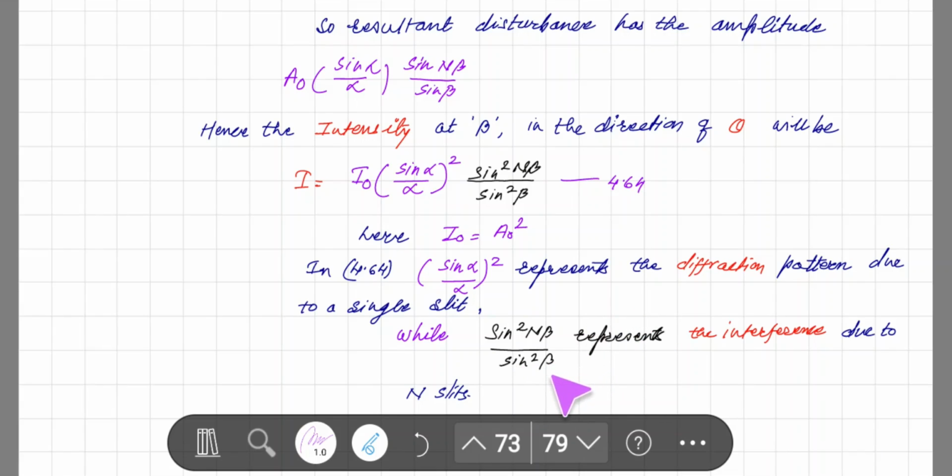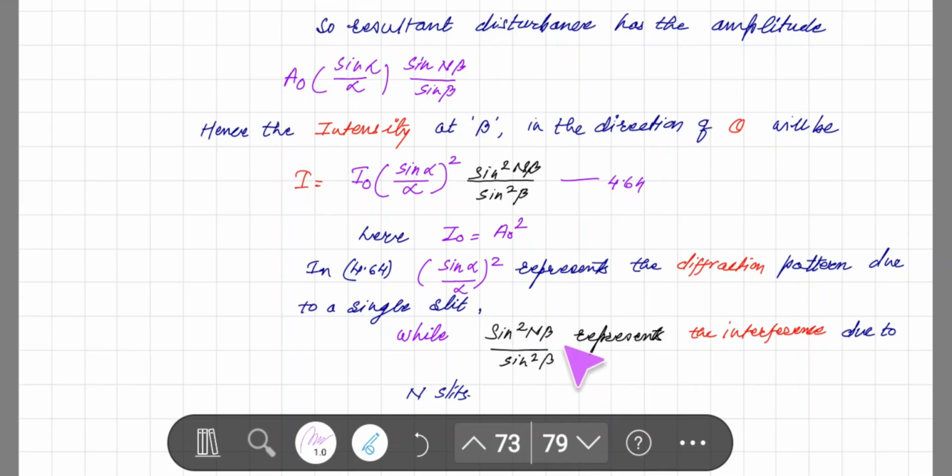But here we see that as theta is changed, the value of beta is equal to pi e sin theta upon lambda. Therefore, as theta is changed, the numerator of the interference term varies rapidly, as the interference term is sin square n beta, and we know that beta depends on the value of theta.